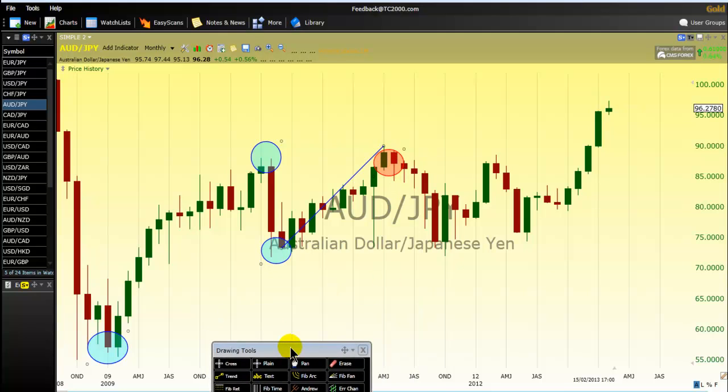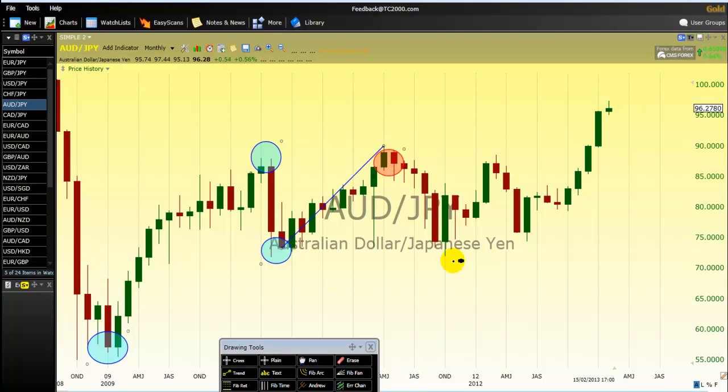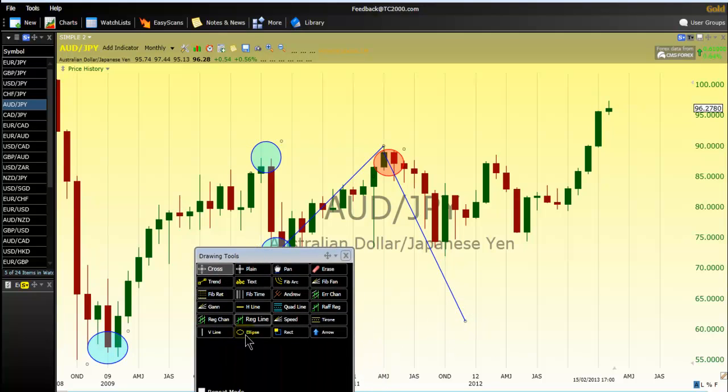According to the theory, the C to D should come down to the 88.6% Fibonacci retracement level of the XA. So we will expect the C to D to end somewhere here.